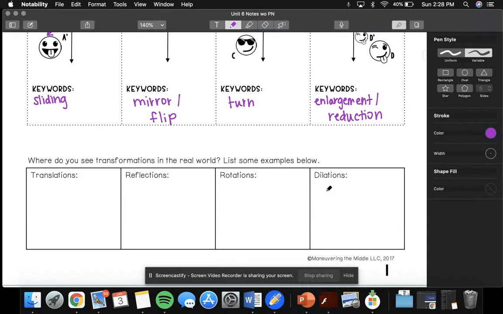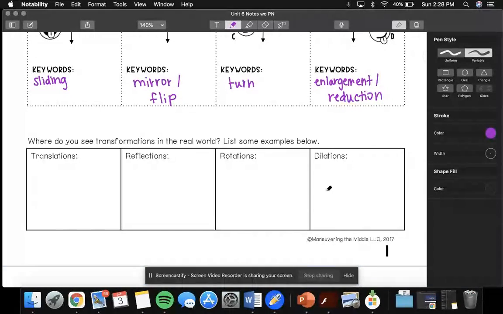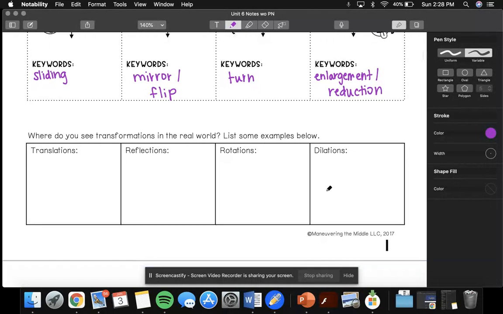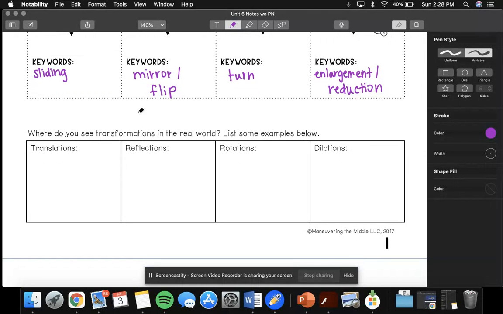Okay, so then where do you see transformations in the real world? Okay, I want you guys just to write some down that you maybe have seen: a translation, a reflection, a rotation, and a dilation. Okay, so for a translation, I think of sliding. So I kind of sometimes think of an escalator or an actual slide.